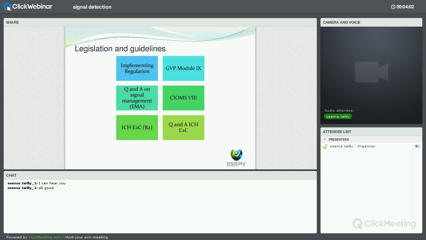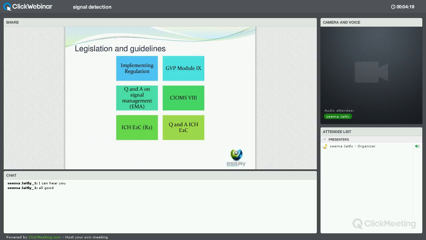So the relevant legislation, first of all, we have the implementing regulation, which came out around the time of the new EU PV legislation and provided a lot of information with regards to how signal detection should be implemented according to this new legislation.